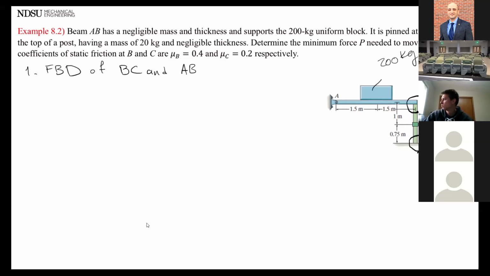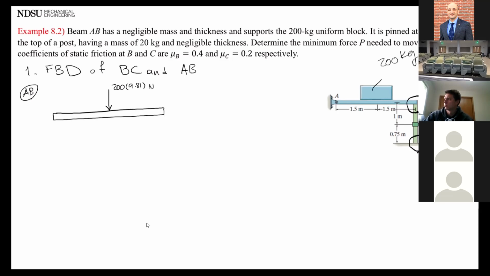That's easy. Step 1, outline of AB. Step 2, put active forces on there, which I only see this one, 200 times 9.81, and that's going to be newtons. Reactive forces.